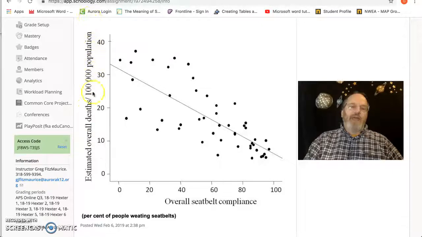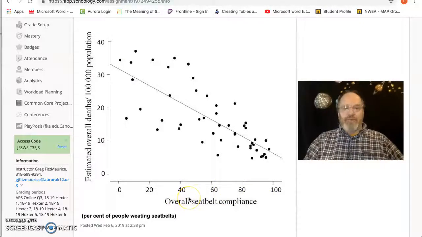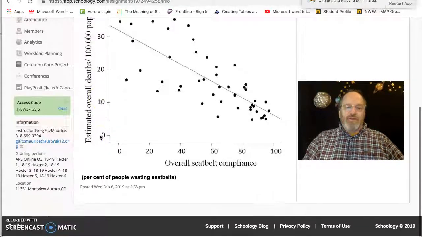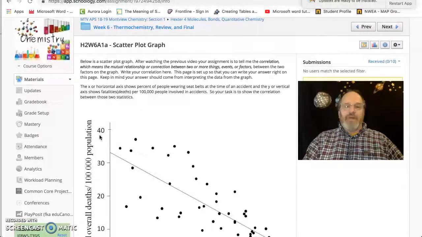This is on the y-axis per 100,000. This is on the x-axis. This is the variable that gets manipulated. This is the dependent variable. It's the result of what happens here. That's how graphs are set up. The horizontal axis is the factor that can be manipulated, and this is the result of that factor. So you're going to learn a little bit about scatter plot graphs.